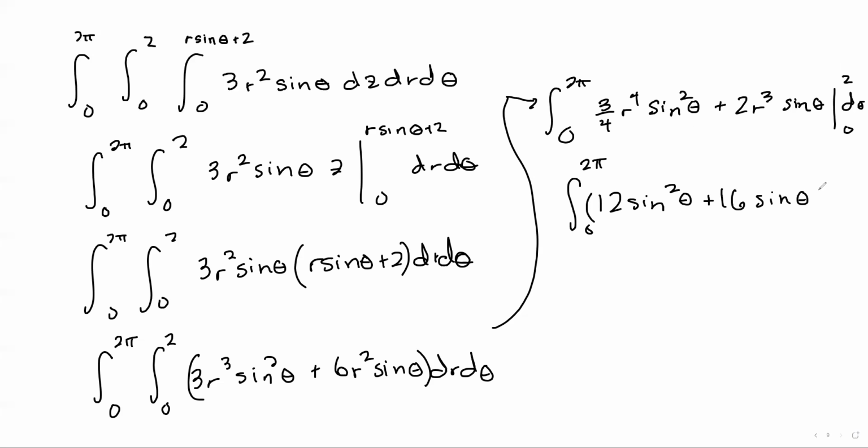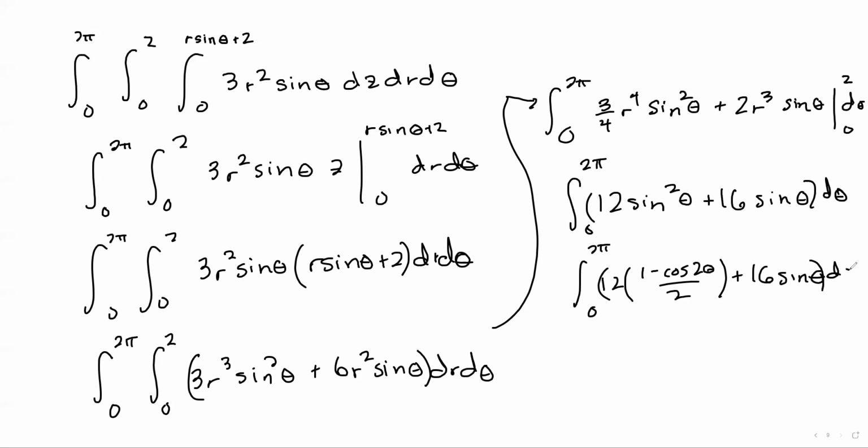And then to do this sine squared, we need to use the double angle identity, 1 minus cosine 2 theta over 2. This guy is fine. And then 0 to 2 pi. You could reduce this. This is 6.